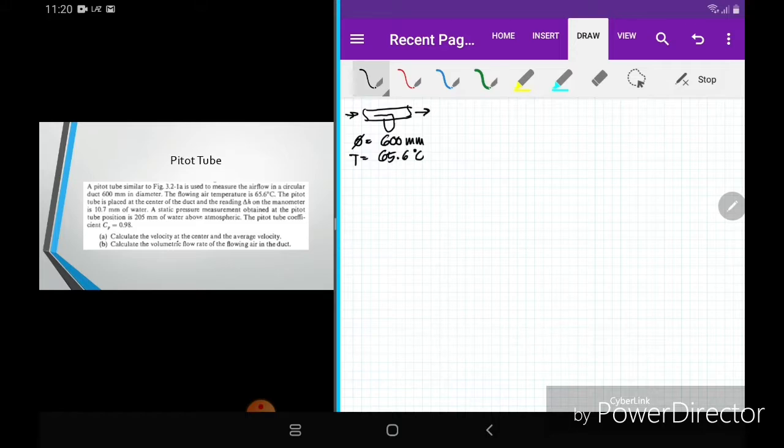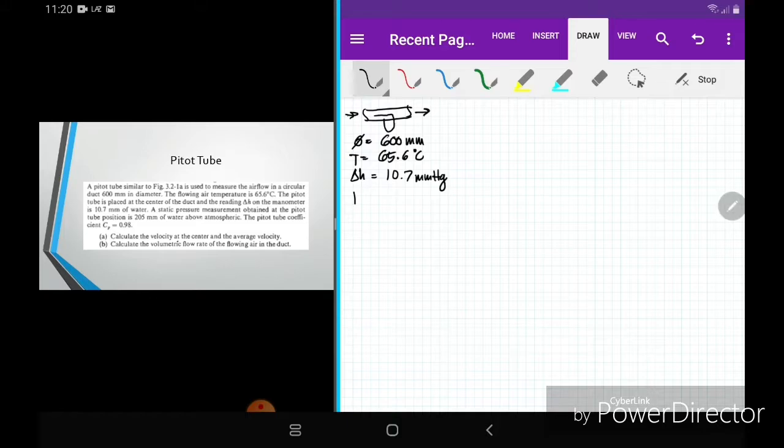The pitot tube is placed at the center of the duct, and the reading delta H on the manometer is equivalent to 10.7 millimeters of mercury. A static pressure measurement obtained at the pitot tube position is 205 millimeters of water.